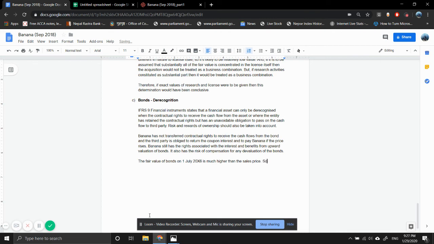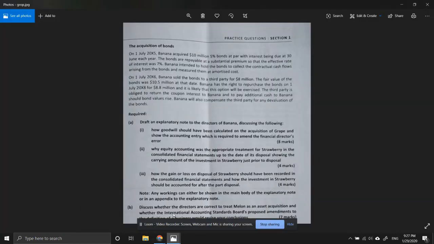So if the third party was to purchase this bond from another seller, it would be sold at a standalone selling price of 10.5 million, right? 10.5 million.